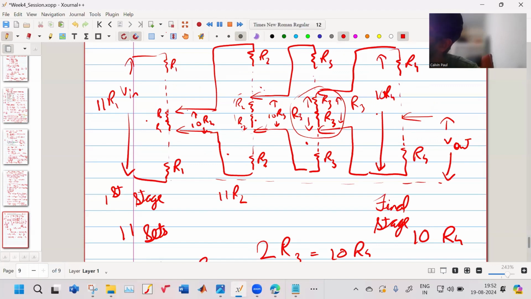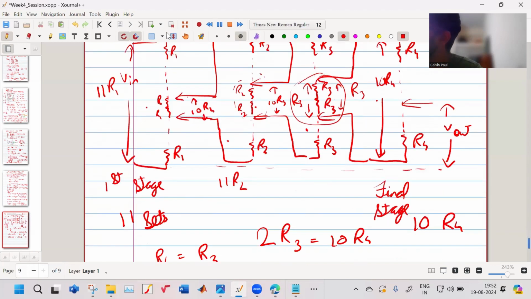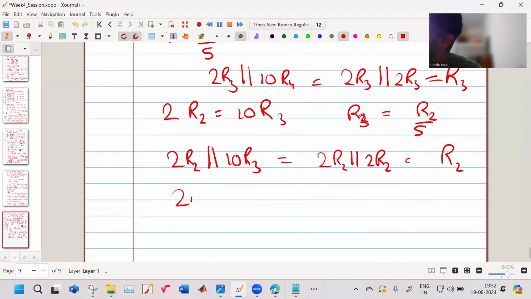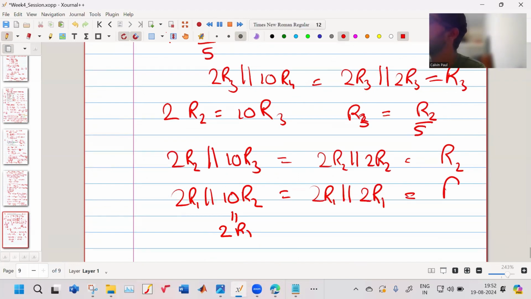So that 10R2 is in parallel to 2R1. So you have 2R1 parallel to 10R2, and this 10R2 is chosen equal to 2R1. So effectively you have 2R1 parallel to 2R1, which is equal to R1. So the relation is 2R1 is equal to 10R2.